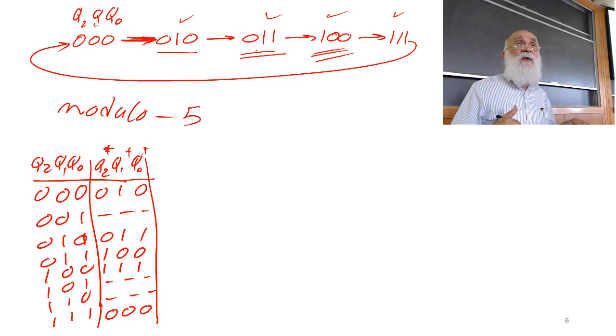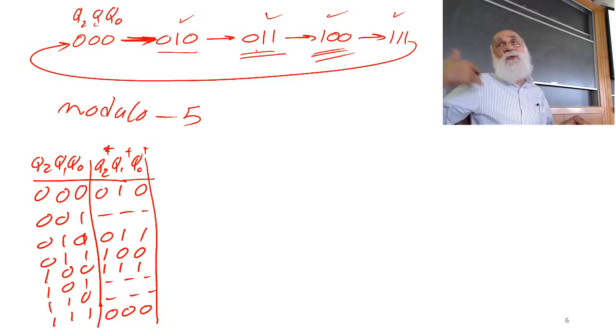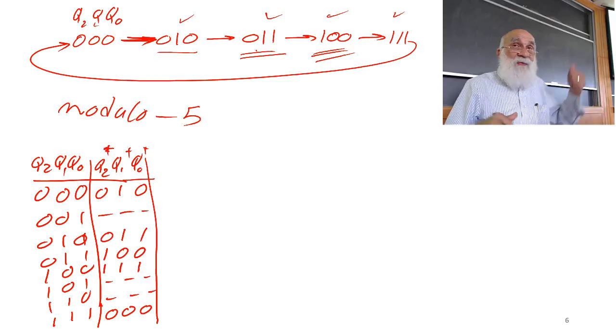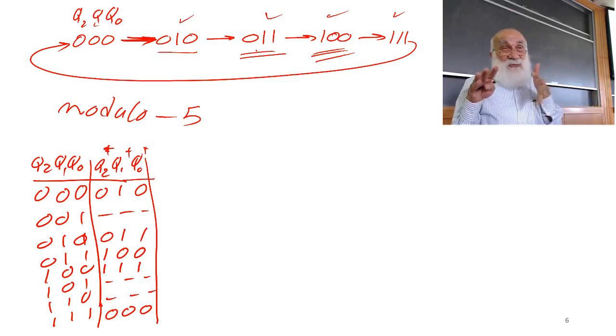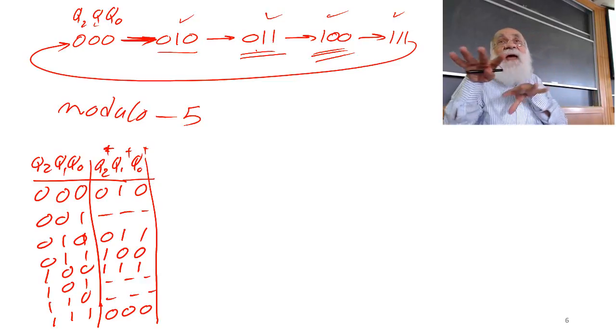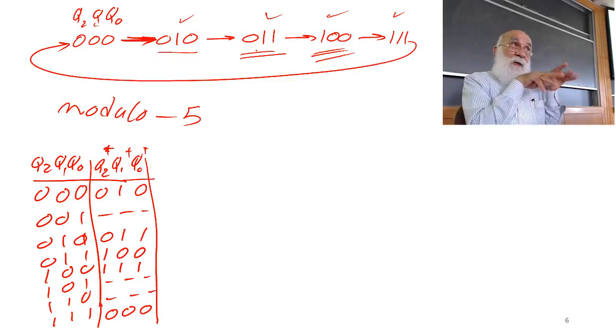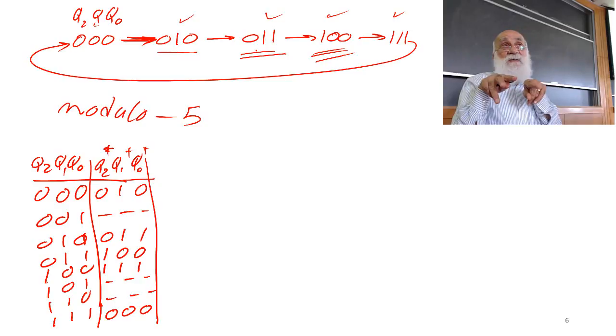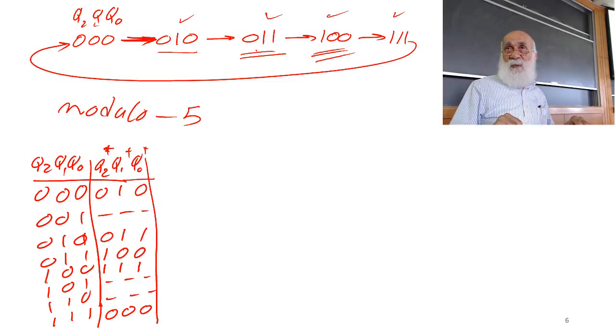Okay, how do I go from a transition table to a circuit? Well, before, I looked at the transition table and I found some patterns in it. I said, well, look, if the two rightmost bits are 1 1, then I am toggling my input.